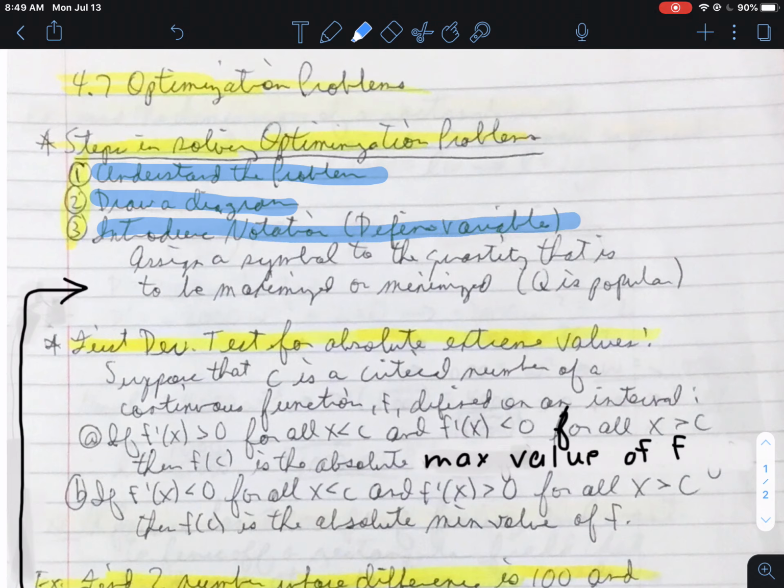Step 3, don't overlook this step. I consider this one of the more critical steps that gets overlooked or taken for granted. Introduce your notation. You want to define your variables because you're going to be dealing with multiple unknowns in these particular problems. So label your variables and quantities clearly so that you can keep track of them.